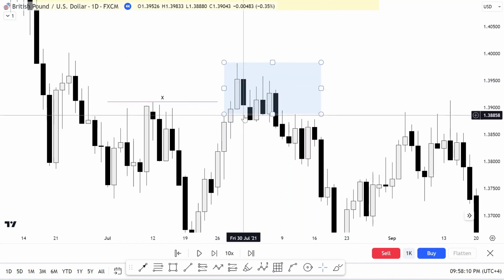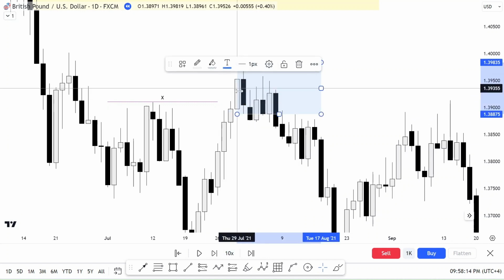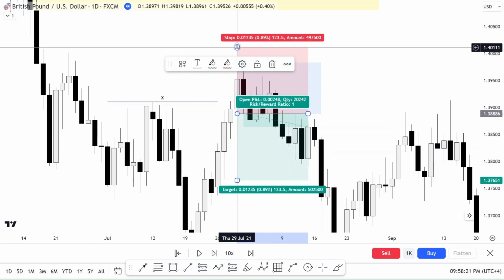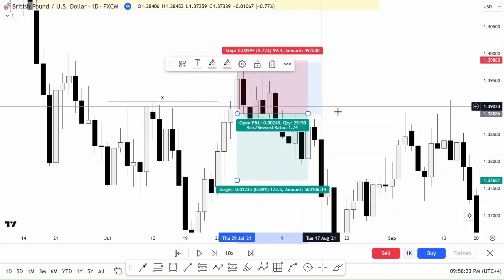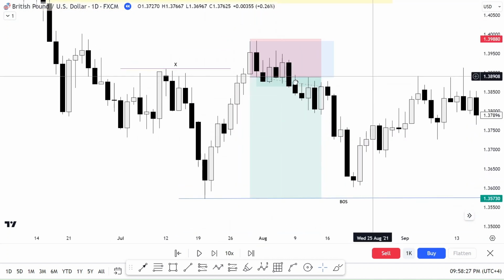This candle here, the second day, closed under this one. So this will be your single candle order block, and you can immediately sell and put the stop loss just above it, and you can target the next break of structure.